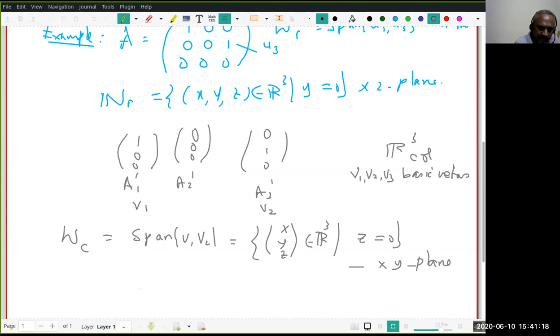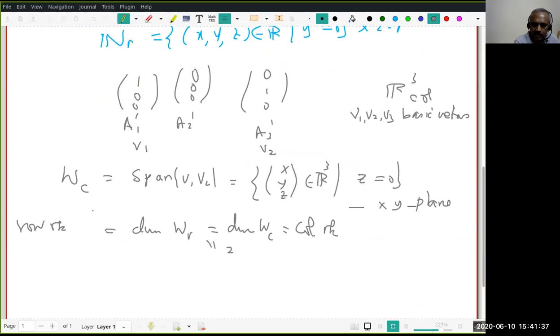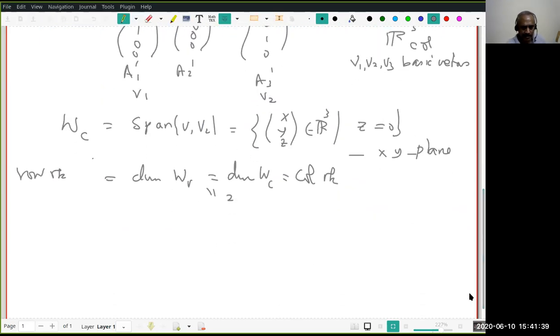Now, notice that dimension of WR equals dimension of WC. This is called the column rank, this is the row rank, and both are equal because both are equal to 2. So that's what the theorem tries to say. If you give me any matrix, the row rank and the column rank are equal.